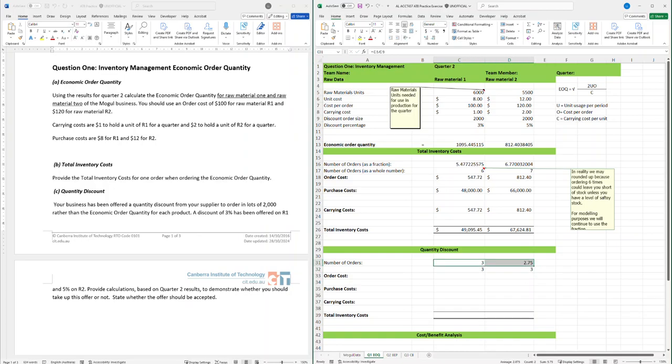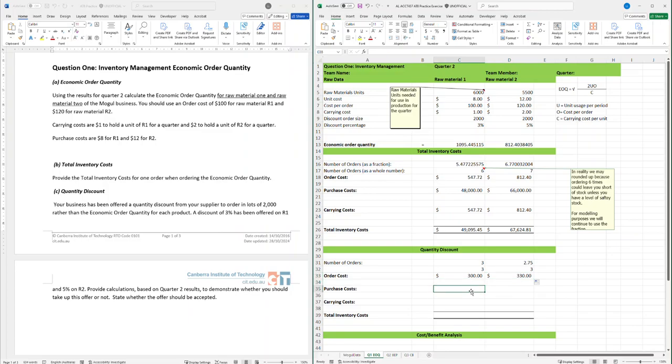Okay. So your ordering cost is pretty much exactly the same calculation, which is your cost per order of $100 times your number of orders. That's 3, right? And so that's 300, and just 2.75 in the calculation.